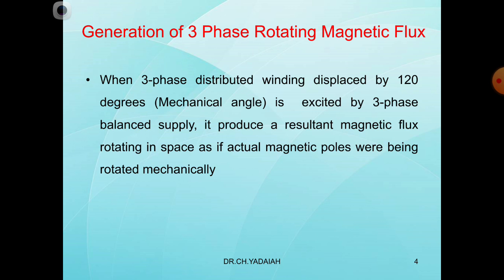When a three-phase distributed winding displaced by 120 degrees mechanical angle is excited by a three-phase balanced supply at 50 Hz frequency, it produces a resultant magnetic flux rotating in space as if actual magnetic poles were being rotated mechanically.